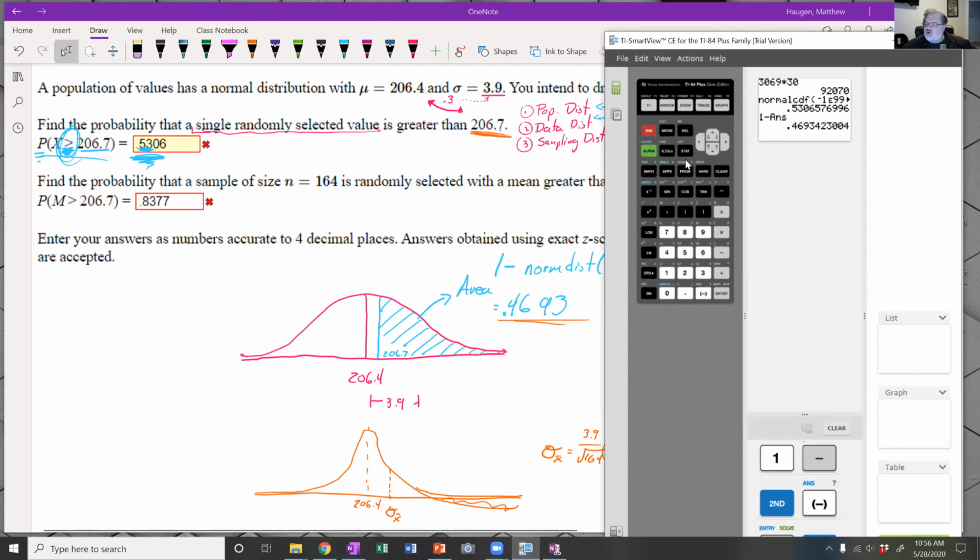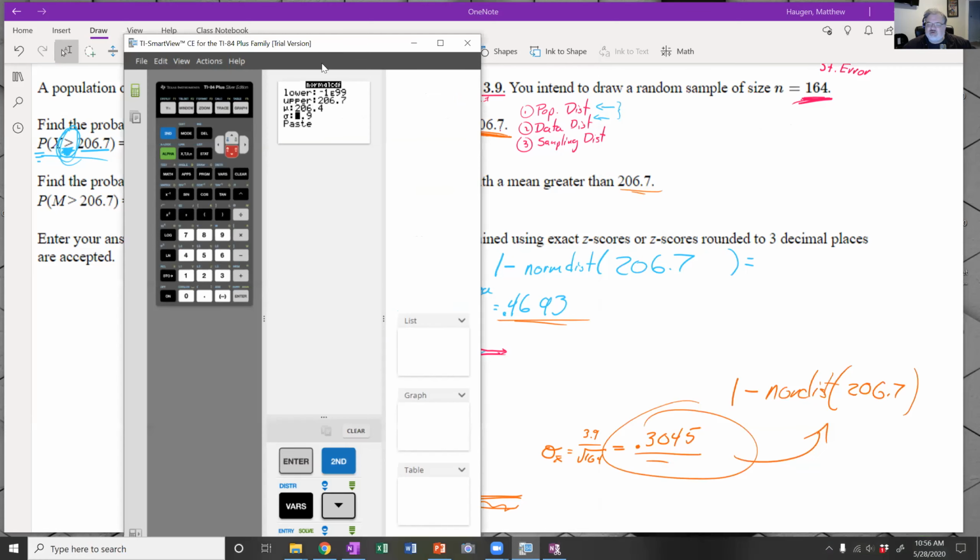So we're going to go back to that distribution tool. Same question, same setup, except it's in the sampling distribution. So we use the tiny 0.3045. Again, I'm going to get that answer.